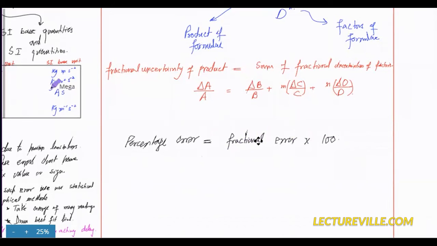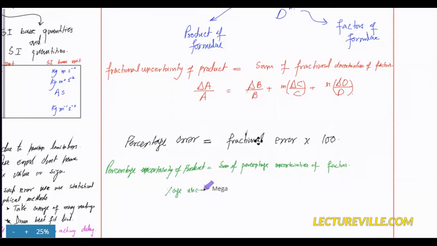So remember, percentage uncertainty of a product equals the sum of percentage uncertainties of factors.